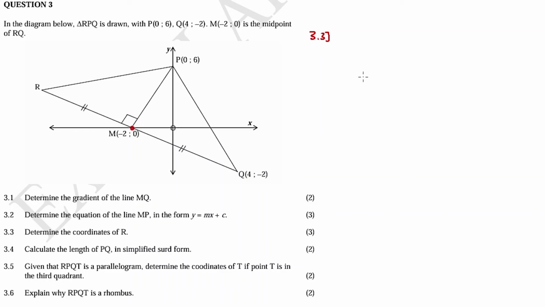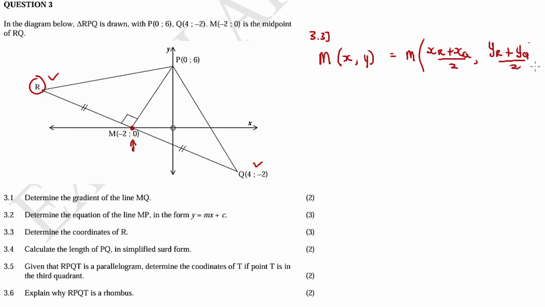So back, I am given a midpoint. I have an unknown coordinate R, right? How do we calculate a midpoint M? The coordinates of M, x and y, are equal to the coordinates using R and Q. So it's going to be (xr plus xq) divided by 2, and (yr plus yq) divided by 2.